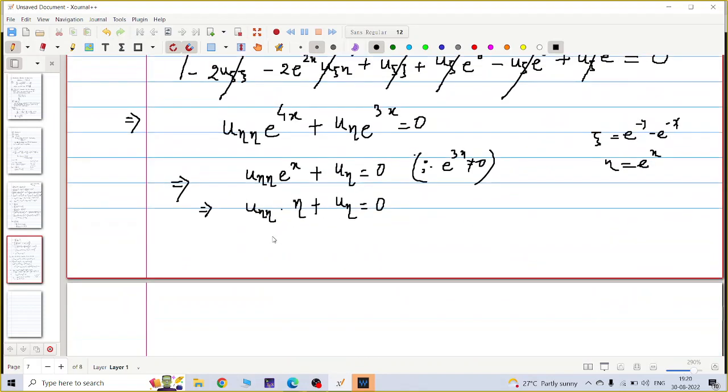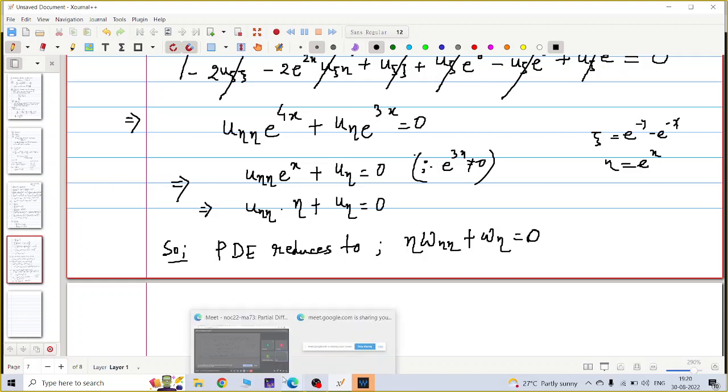Now I replace u by w, so that it reduces to this equation: eta w_eta eta plus w_eta equal to 0. So let me show you the options now.